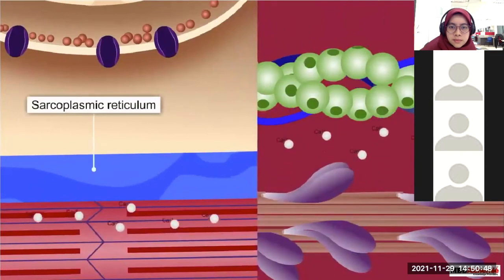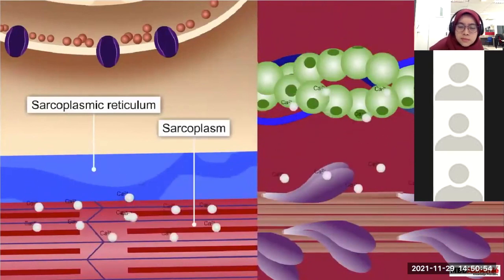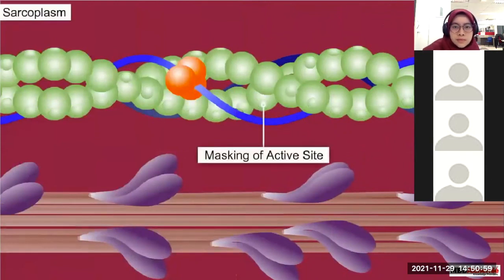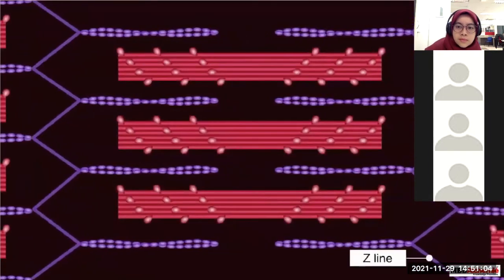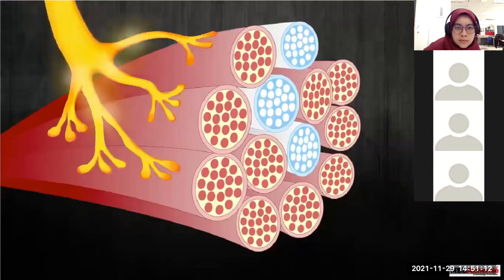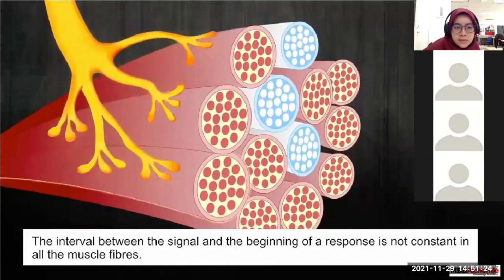This enables the pumping back of calcium ions from the sarcoplasm back into the sarcoplasmic reticulum. This pumping back of calcium ions results in the masking of active sites on the actin filaments. This in turn causes the return of Z lines back to their original position, that is, relaxation. All the muscle fibers do not respond to the signal in the same interval of time. That is, the reaction time. The interval between the signal and the beginning of a response is not constant in all the muscle fibers.